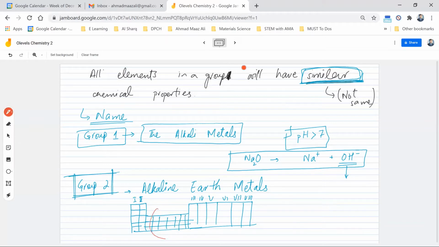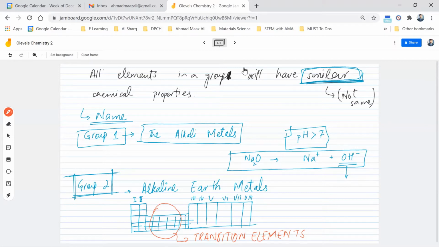This block in the center is another group, called transition elements. Why are they called transition elements? We will study about them as well. Right now I'm just telling you the different names of different groups, and then we'll discuss their properties one by one.